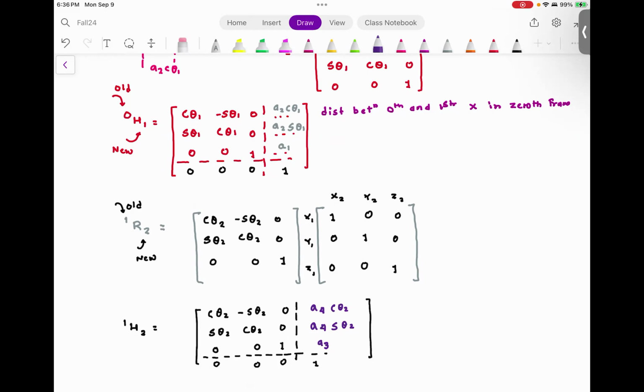Displacements are vectors, so the directions are extremely important. Now, this relationship is only between frame 2 and frame 1. But notice, A4 cosine theta 2 is in the same direction as x1. A4 sine theta 2 is in the same direction as y1. And A3 is in the same direction as z1. Everyone understood this?